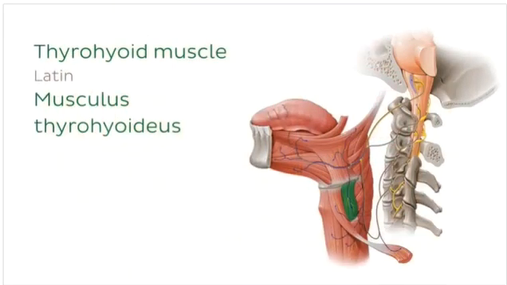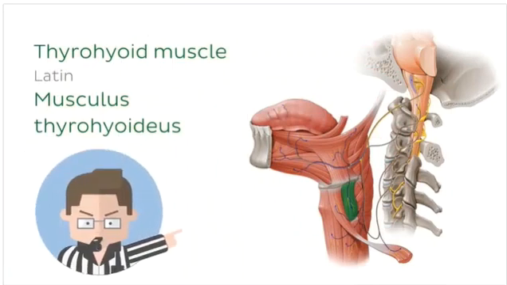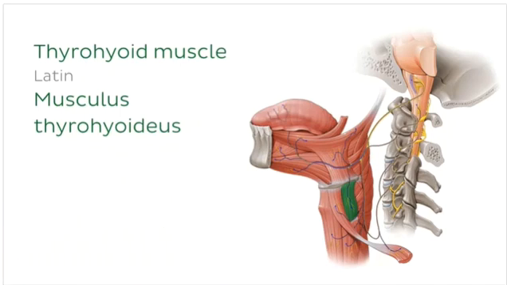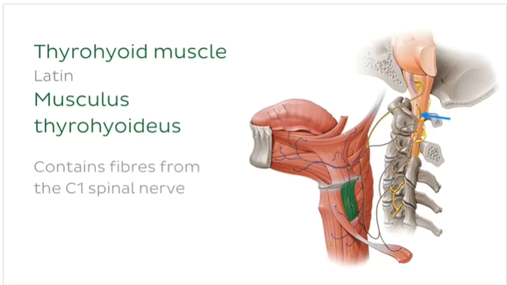Now I'm just going to stop right here for a moment and take a breath, because this is going to get a little bit complicated. So I want to mention here that the innervation of the thyrohyoid muscle is a somewhat controversial subject in the literature. So you see, although the nerve to the thyrohyoid muscle is often seen as a direct branch of the hypoglossal nerve, it contains nerve fibers derived from the C1 spinal nerve.